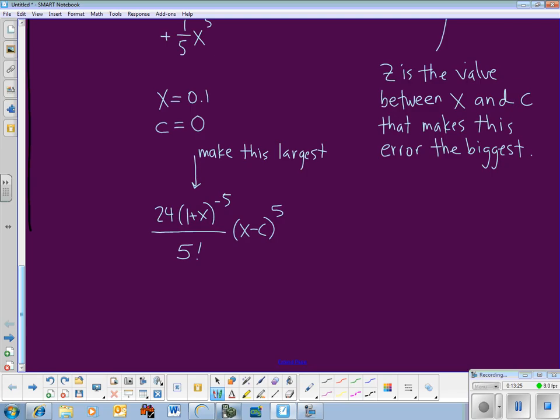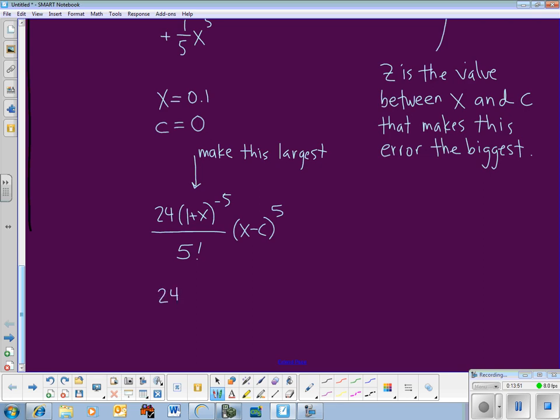So let's plug in. If we have (1 plus x) to the negative 5th, what's going to make that value bigger? 1 to the negative 5th or 1.1 to the negative 5th? Well, if we plug in 0, because this is a negative power, it's on the bottom, which means bigger numbers make it smaller. So we need to make it as big as possible. So we're going to choose 0.